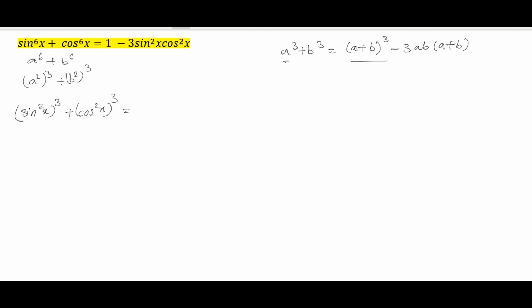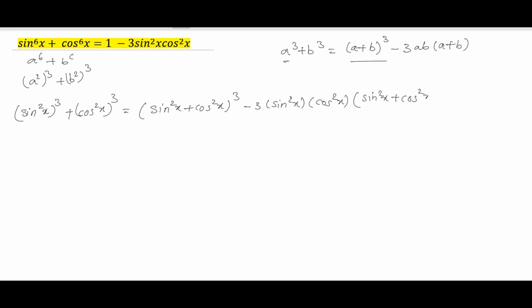Let's substitute those. That makes a plus b whole cube means sine square x plus cos square x whole cube minus 3, in place of a, it is sine square x, and in place of b, it is cos square x, again sine square x plus cos square x.